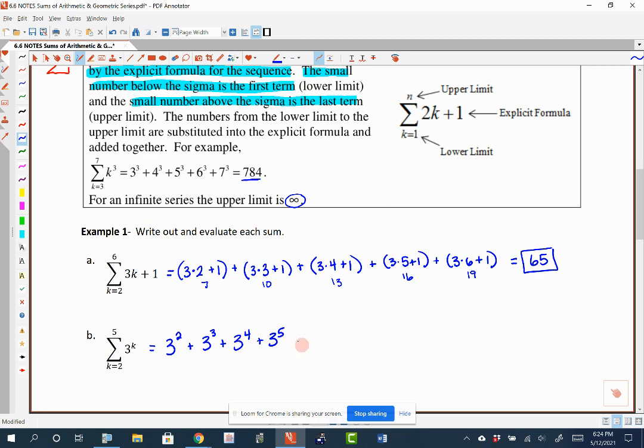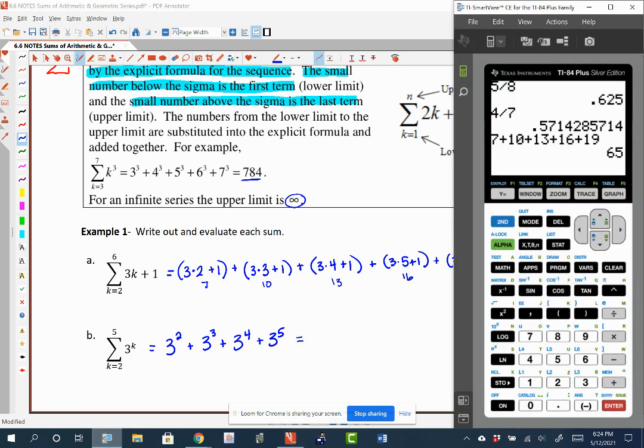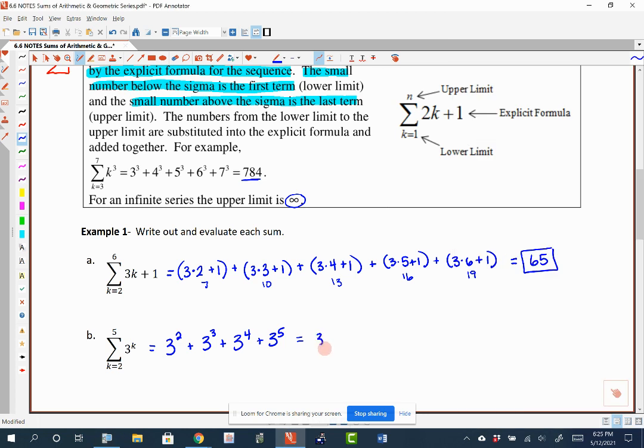We could try and simplify a little bit here, but it's probably just as fast to type this one in. So 3 squared plus 3 cubed, plus 3 to the fourth, plus 3 to the fifth. Now all these are exponential, so I'm not shocked that I get a pretty big value, 360.